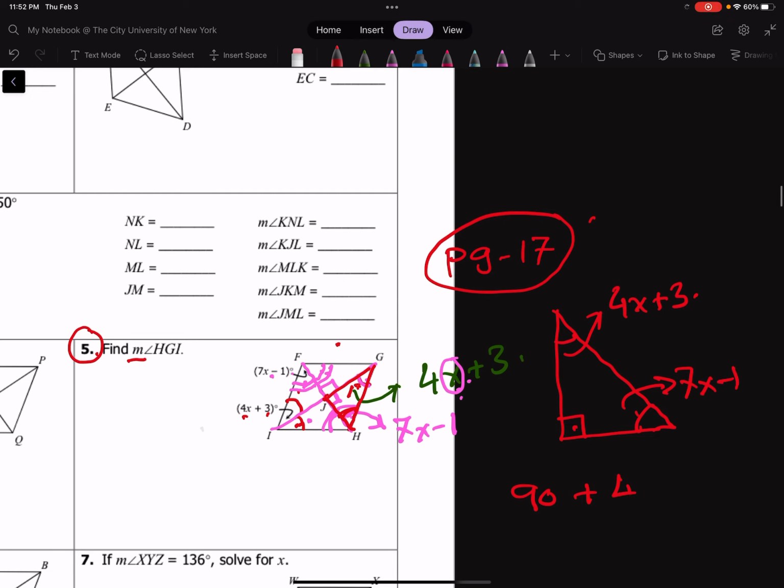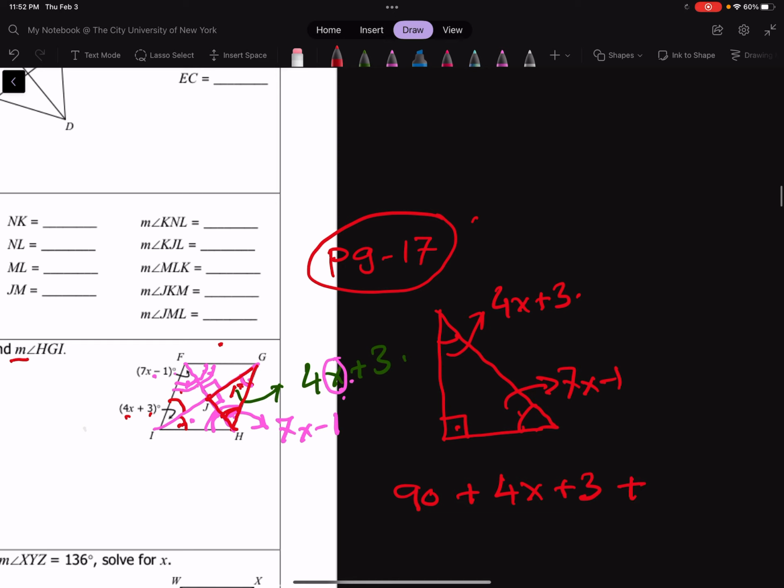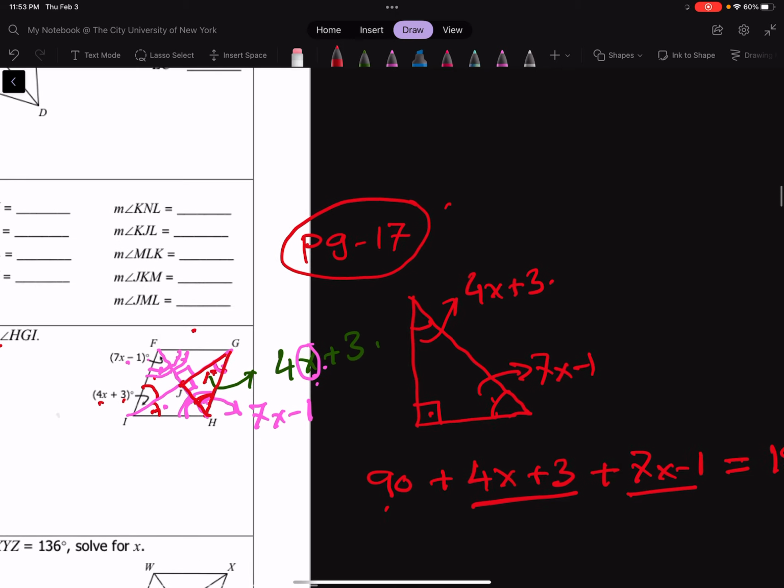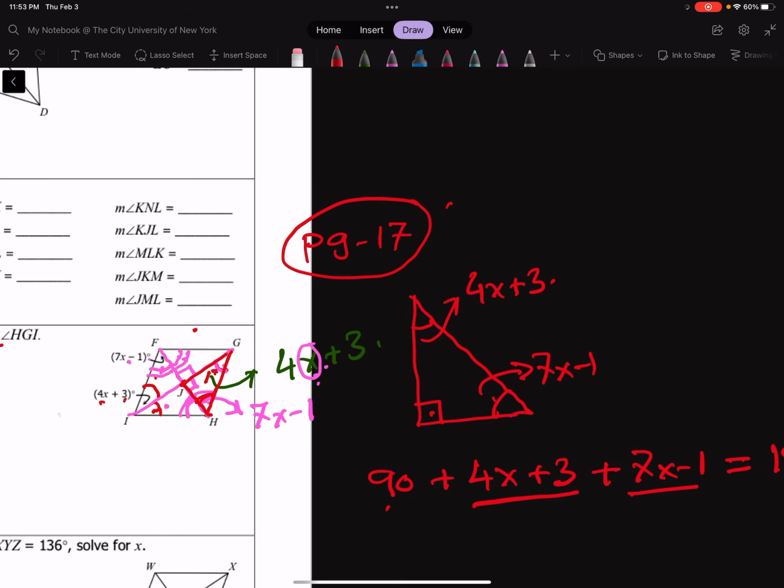So you can form an equation: 90 plus 4x plus 3 plus 7x minus 1 is equal to 180, by the triangle sum theorem. Or someone can write only 4x plus 3 plus 7x minus 1 equals 90, because the 90 is subtracted. Now solve your equation and get x.